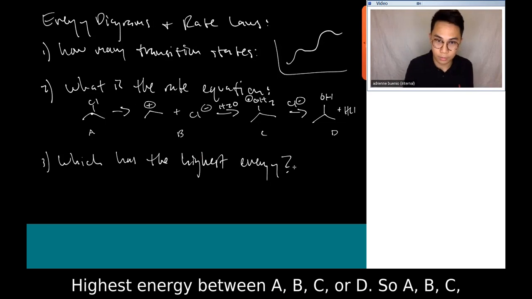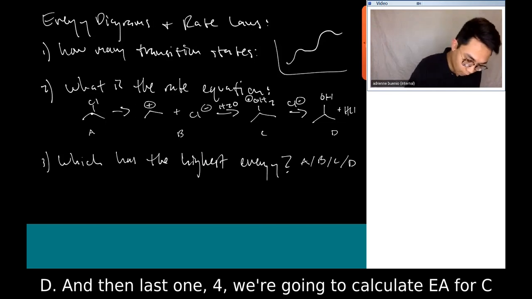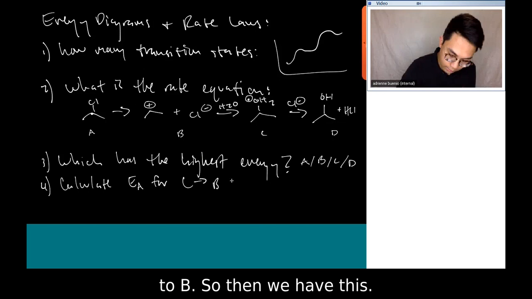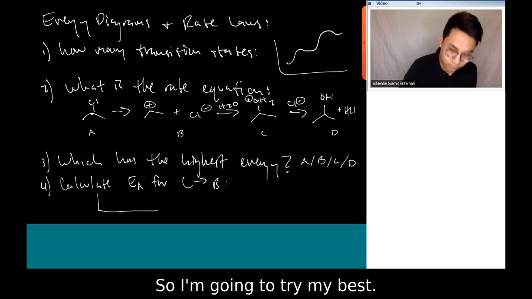Highest energy between A, B, C, or D. And then the last one, number 4: calculate the activation energy, EA, for C to B. Okay, and we have this. This is not going to be drawn to scale, so I'm going to try my best.